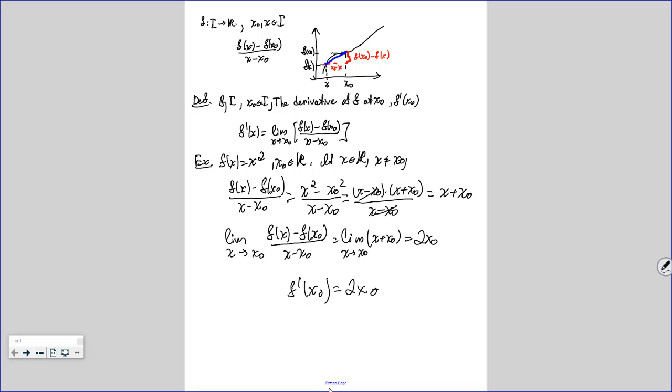The interesting question is, what is the relationship between differentiability and continuity? Note that a continuous function does not imply differentiability. However, differentiable functions are continuous.